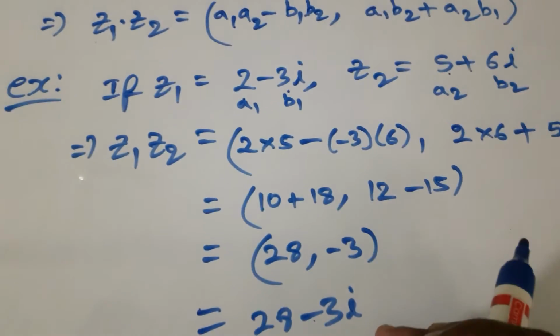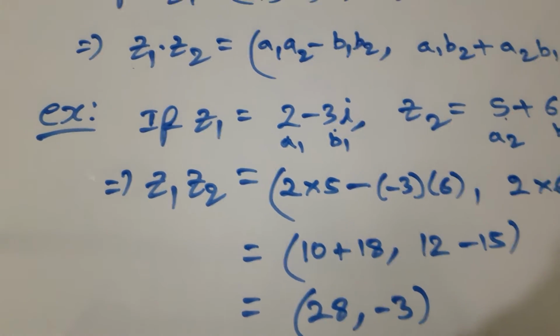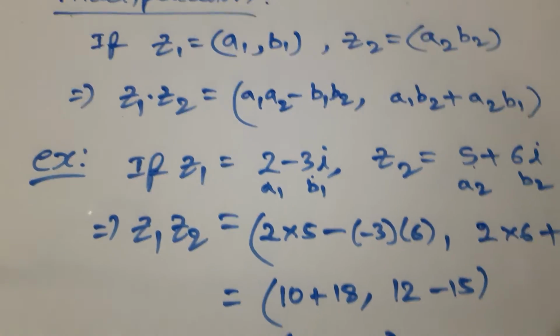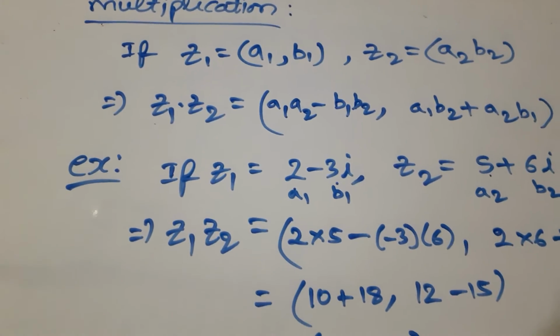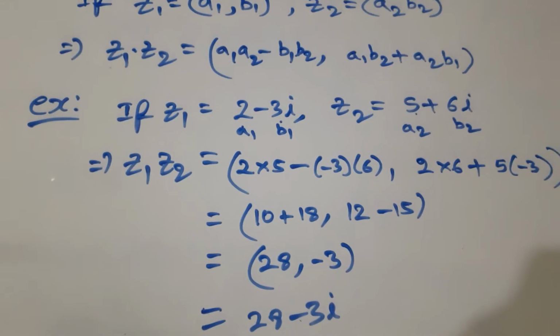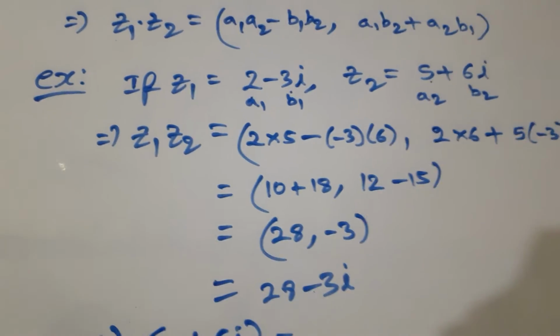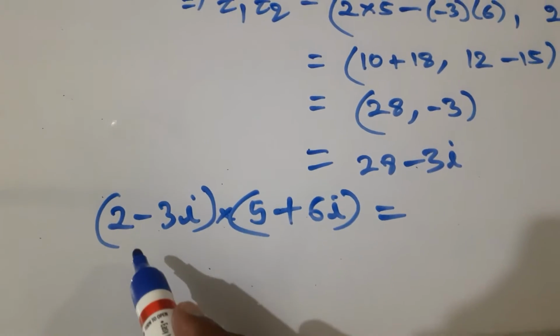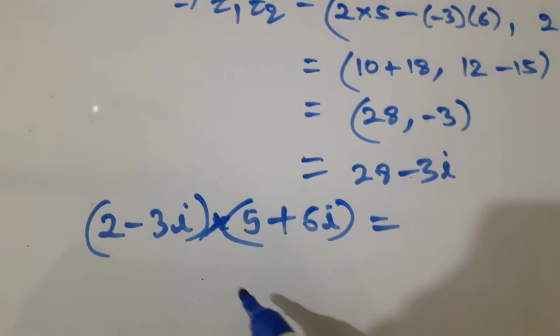This is using the formula we are calculating multiplication. We can also multiply two complex numbers without using the formula, means directly multiplying these two complex numbers. For example, 2 minus 3i into 5 plus 6i. Just multiply according to algebraic simplification.